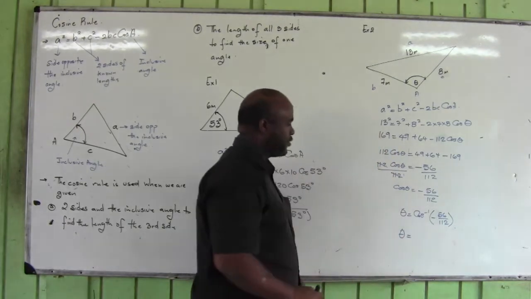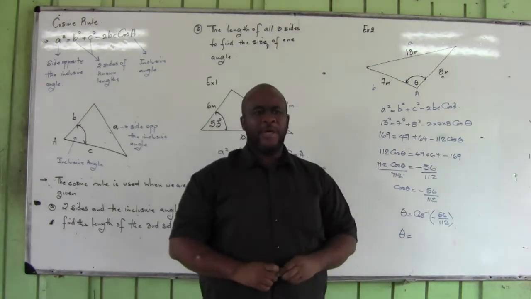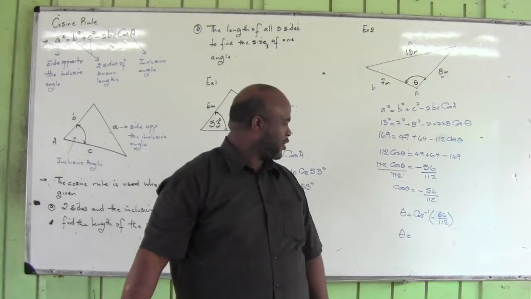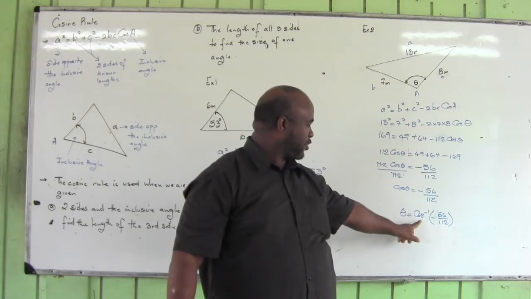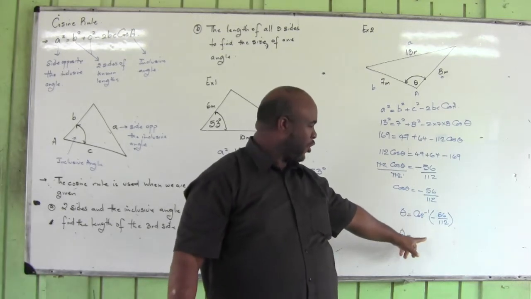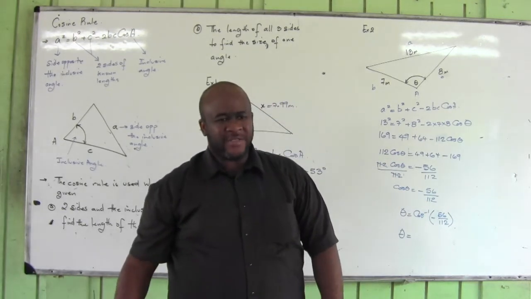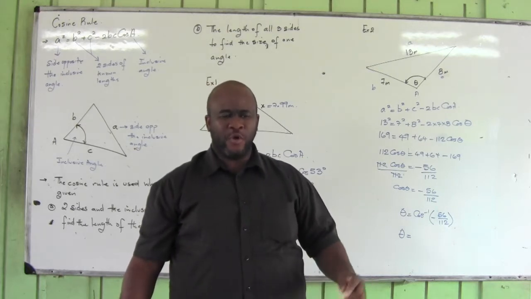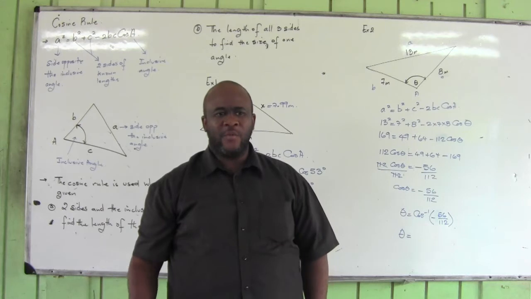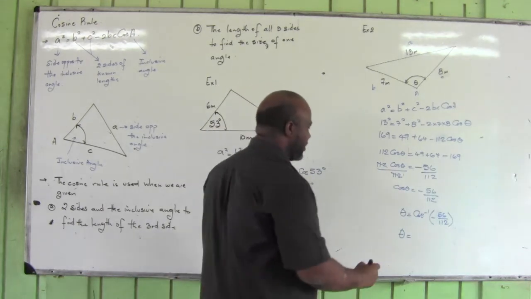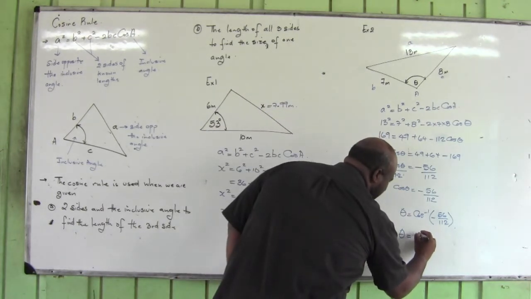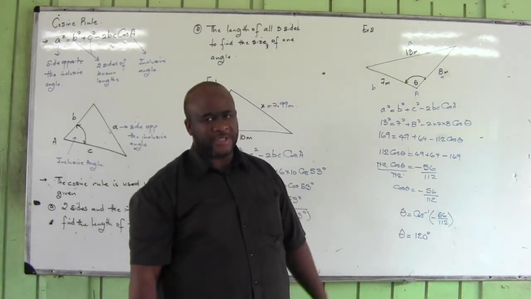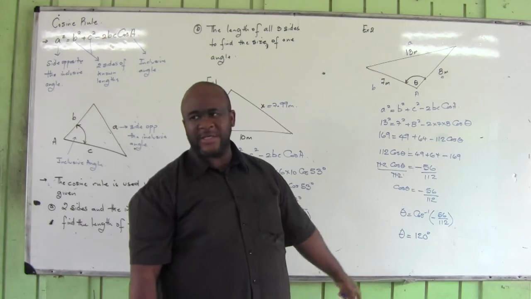Here's what you do: shift, then cos, open bracket, minus 56 divided by 112, close bracket, then press equal. It is exactly 120. The answer is 120 degrees.